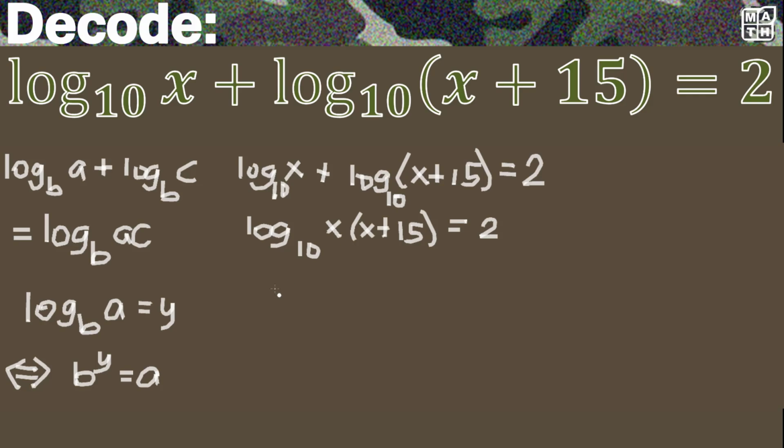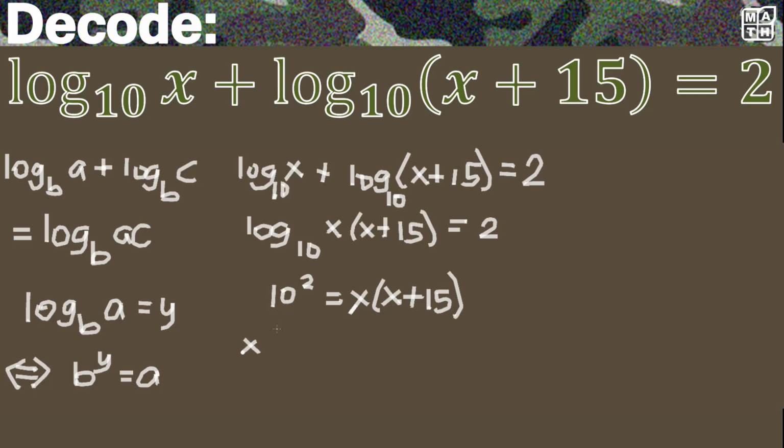So the base is 10. You will have 10 squared. That's the equivalent of the entire logarithm here, which is equal to this expression, x times x plus 15. Since 10 squared is an exact value of 100, we will have here an equation we can solve.